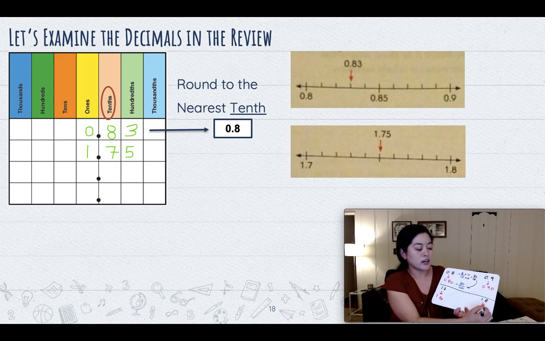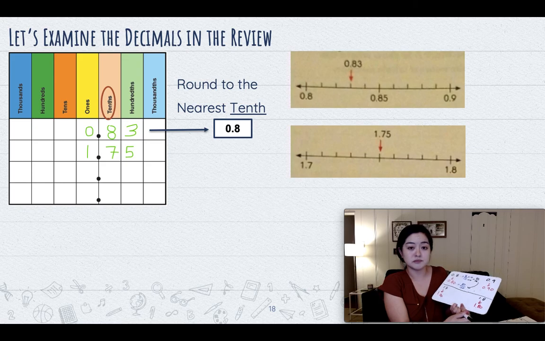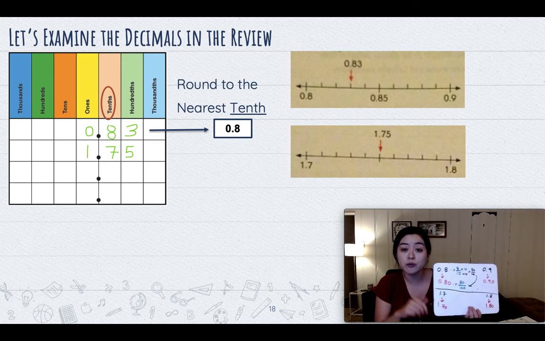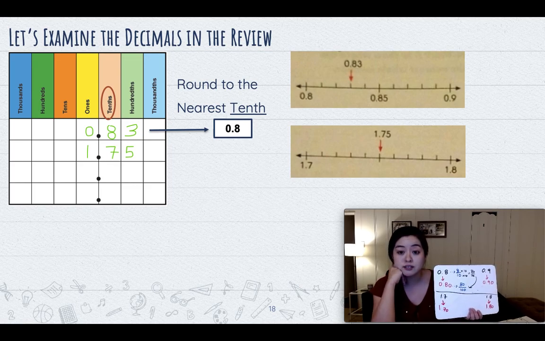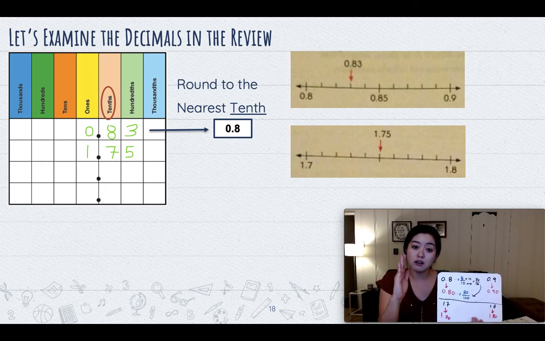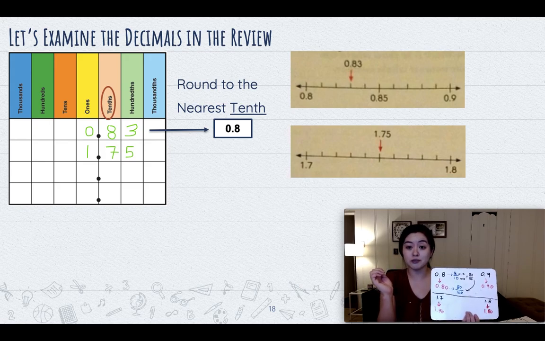And 1.8 is the same thing as saying 1.80. Okay? And let's look at where 1.75 is. Oh, it's right in the middle. If it's right in the middle, then do we round up or round down?